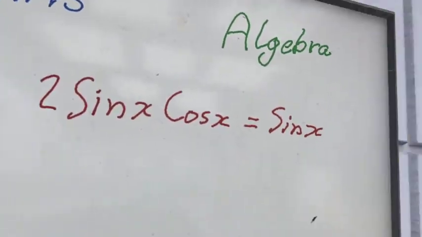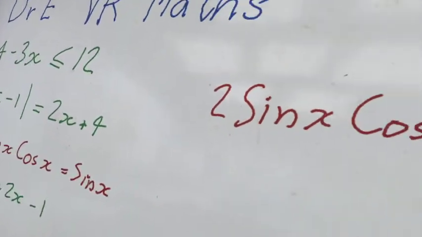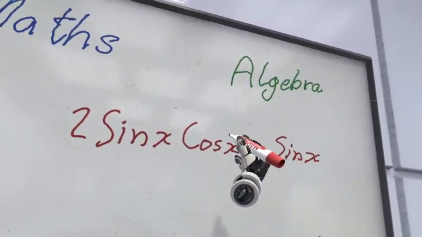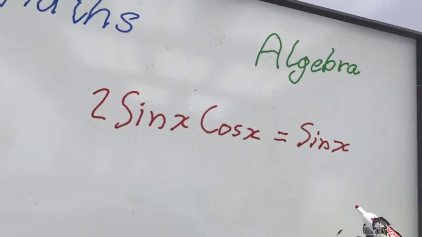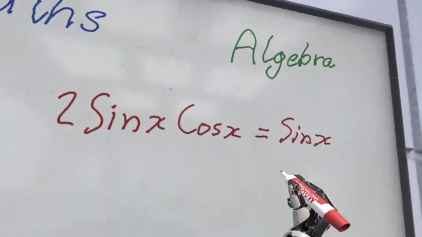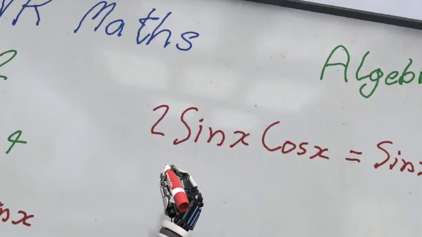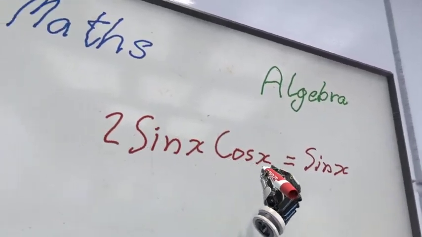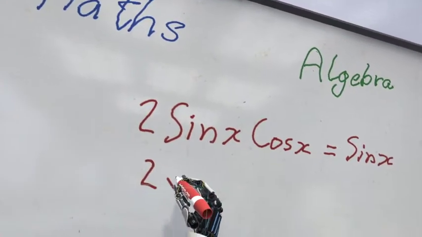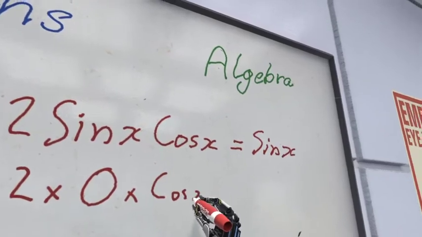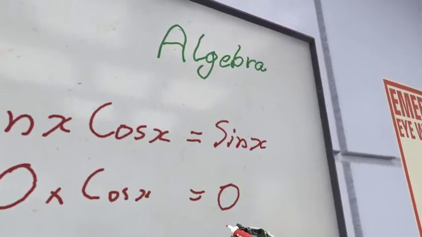sin x. Now I know later on you're going to do your trigonometry, but let's do the algebra. If you look at this and you want to make this true, what's a really easy way to make this true? Just make sin x 0. So if I make sin x 0, 0 equals 0 because you've got 2 times nothing times cos x equals nothing.